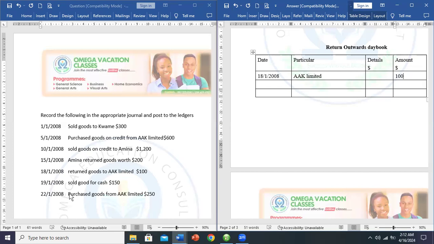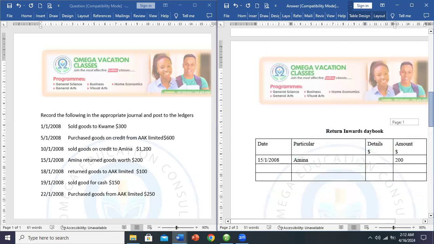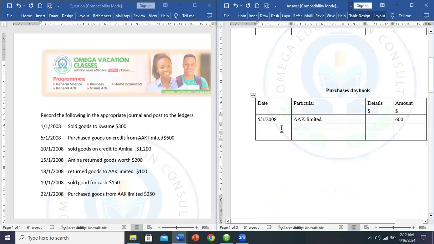Okay, then the last one, purchase goods from AAK Limited, 250. So another credit purchases. So we go into our purchases day book. And 22nd January 2008, another AAK Limited, 250.